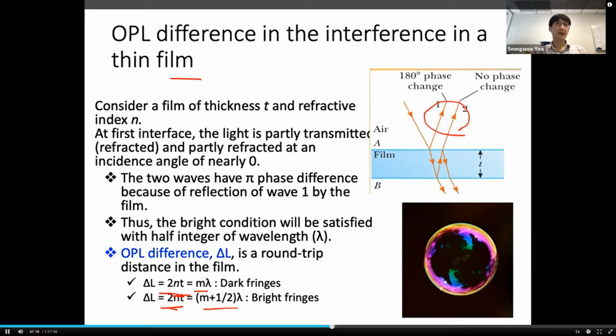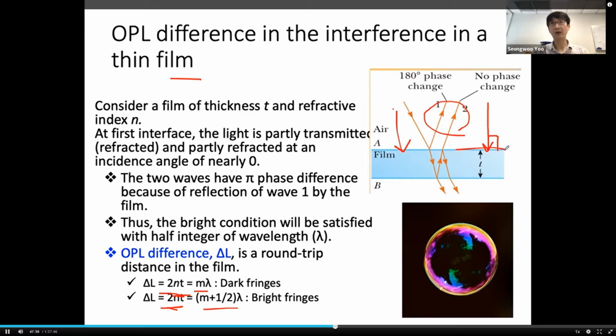In our thin film interference, we always assume that the incidence is normal incidence. In other words, our incident light should be drawn like this. So the incident light will make 90 degrees with the interface.